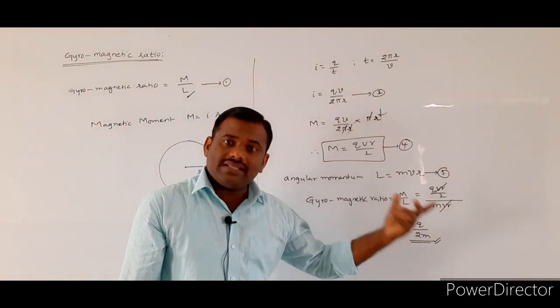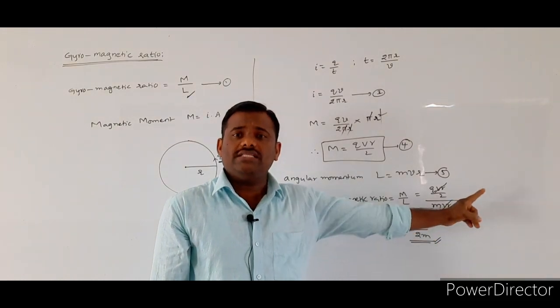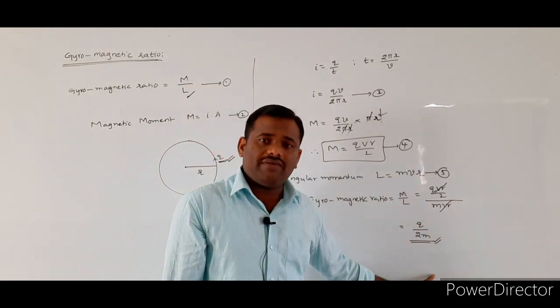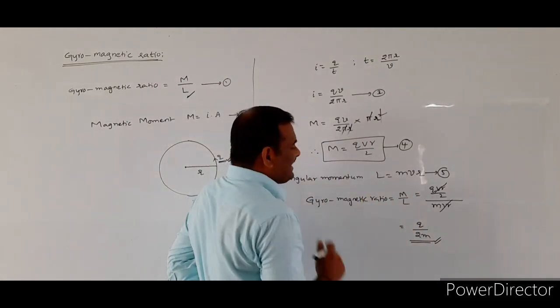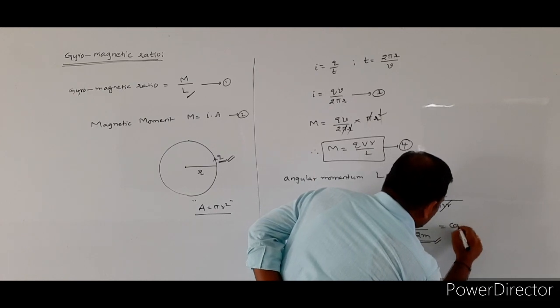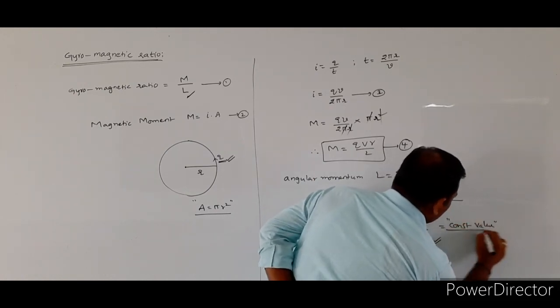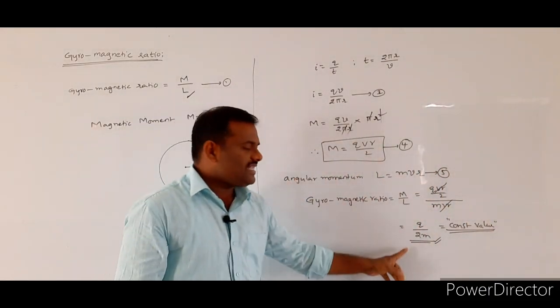2m. For a given charged particle, it is having the definite charge value. It is also having a particular amount of the mass, so that gyromagnetic ratio will be always a constant value. So its expression is indicating what?